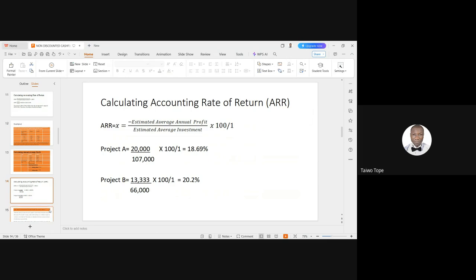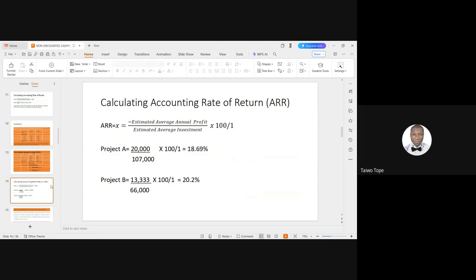So that will be the decision rule in relation to this. So this is accounting rate of return. Another word for accounting rate of return is return on investment or return on capital employed.